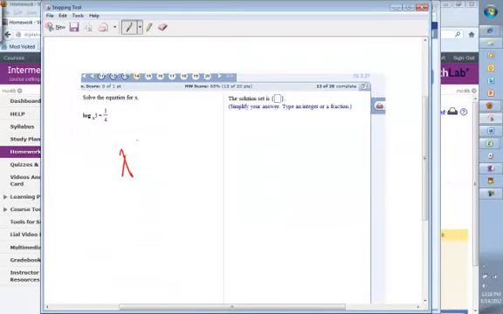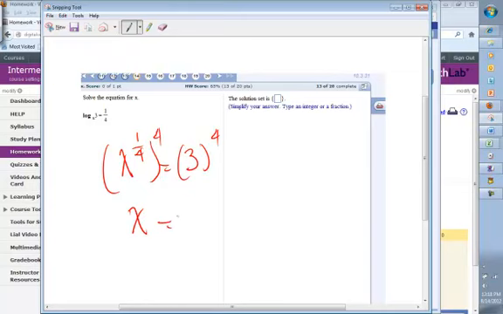Number 14. Now it's x to the 1/4 equals 3. Let's raise both sides to the 4th power, and we get x equals 3 to the 4th.